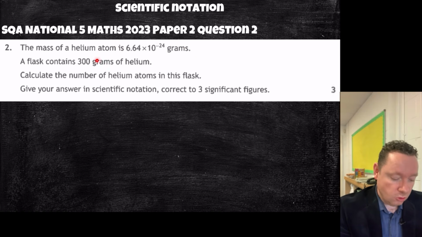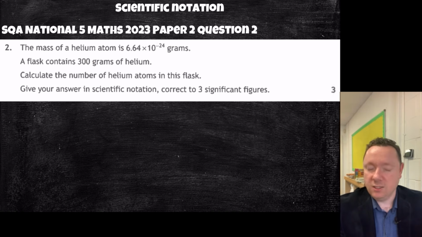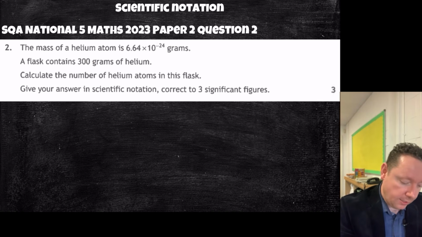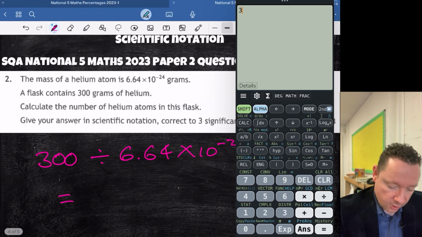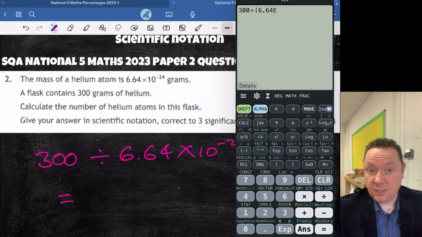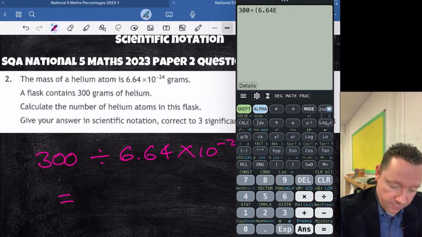So I'm going to do 300 divided by this number, and hopefully you can see how I worked out I needed to divide. So step 1, I write down my sum, 300 divided by 6.64 times 10 to the minus 24. Using a calculator, 300 divided by, I'll open a bracket, 6.64, exponential for me, that's e, that means times 10 to the power of, and then it's a negative 24.